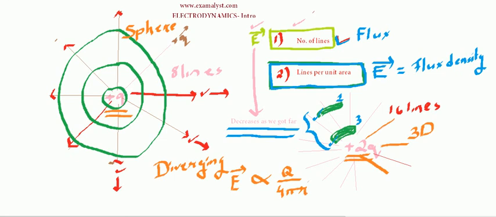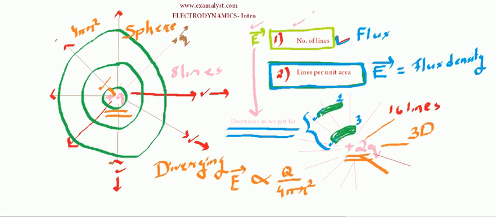So what is this 4 pi r square, and why have I written it down? Please see that 4 pi r square is nothing but the surface area of the sphere. Consider the smallest sphere. For the smallest sphere here, the surface area is 4 pi r square. The value of r is less, and the value of electric field is more.